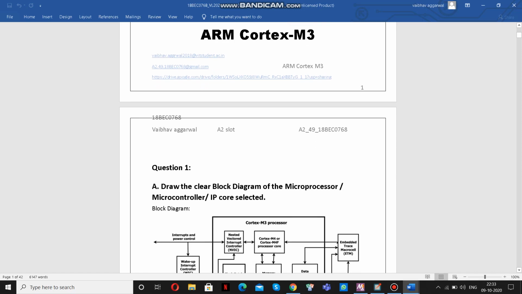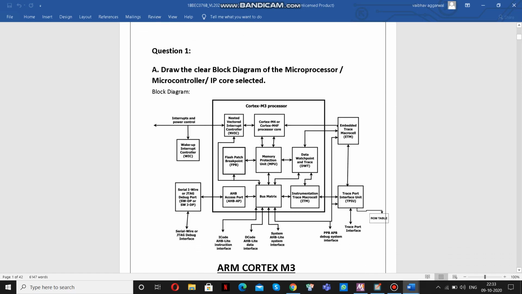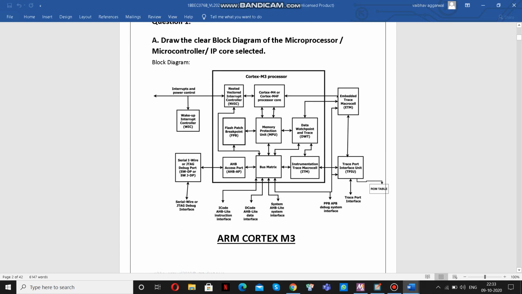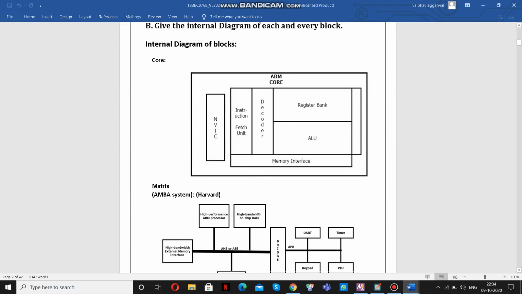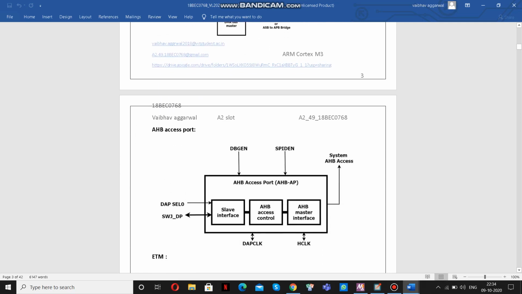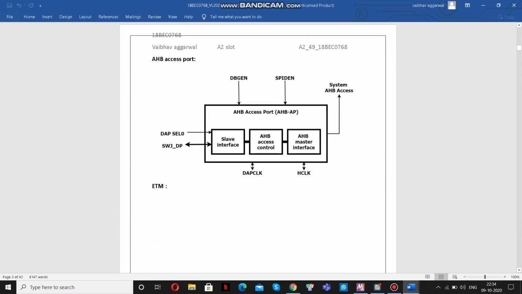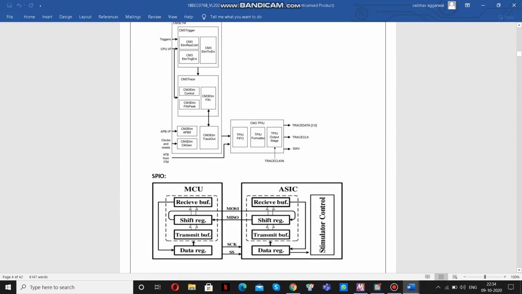As we can all see, this is the block diagram of the microprocessor I have used. These are the internal diagrams of each and every block: core, matrix, AHB port, ETM is right here, GPIO.